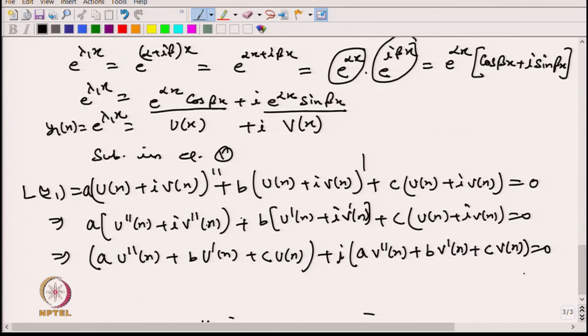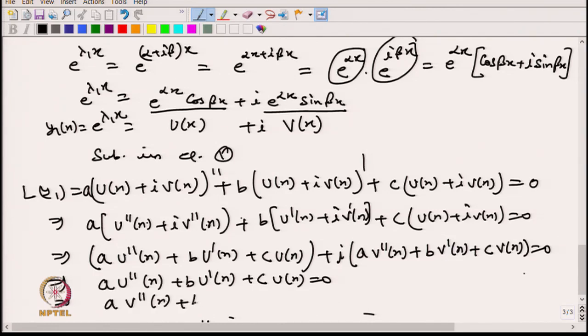Now, I know that if a complex function is equal to 0, it means its real part and the imaginary part should each be equal to 0. So, from here I will get a u double dash x plus b u dash x plus c u x equal to 0, and putting the imaginary part equal to 0, I will get a v double dash x plus b v dash x plus c v x equal to 0.